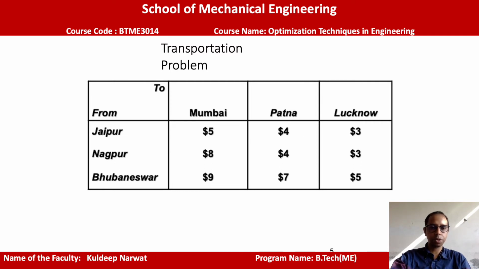If I want to transport something from Jaipur to Mumbai, the transportation cost per item would be approximately $5. So this is a table which gives us the values of cost associated with various sources to destinations. On the next page we'll see how this transportation model looks.